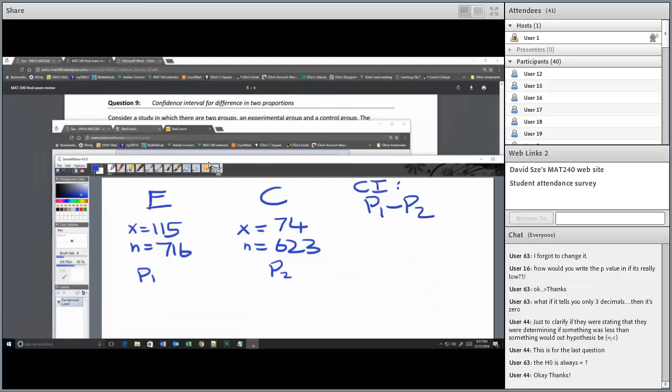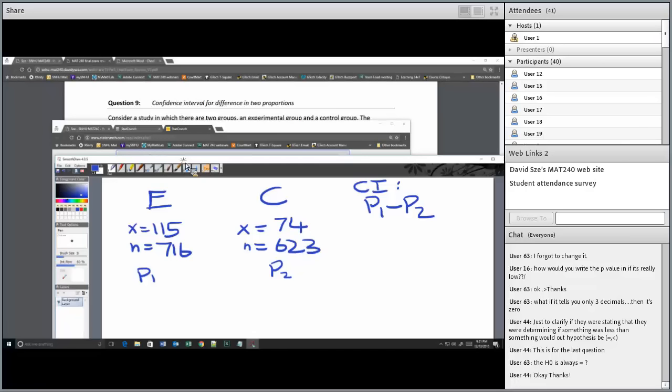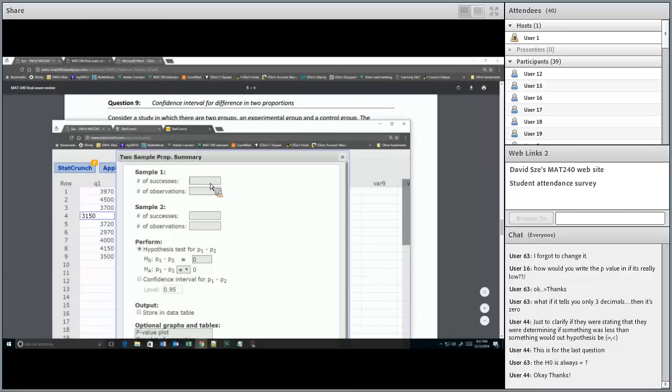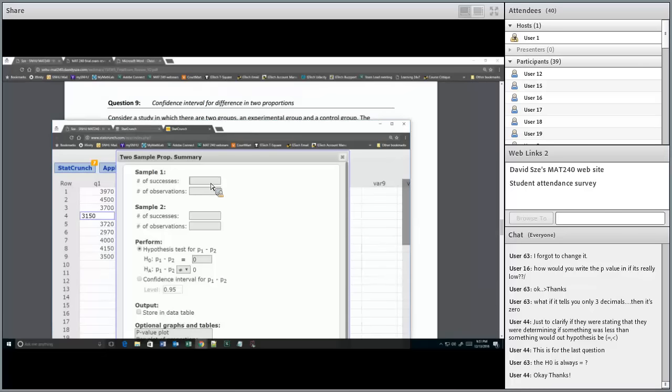Always write them in a tabular form, because it's easy to get the numbers from these problem statements. Once you have taken your numbers out, then it's really easy to think of how to solve the problem. The number of successes for the experimental group is 115 out of 716. For the control group, 74 out of 623.